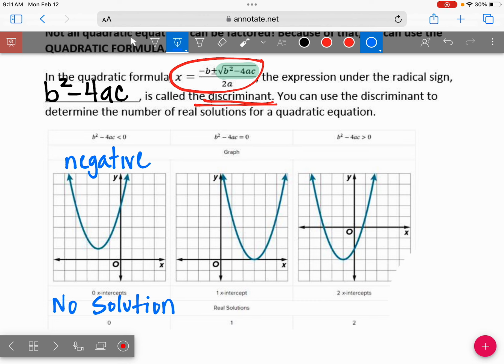How many times does that graph touch the x-axis? 1 time, so it has 1 solution. And your last one is that it could be positive. And if it's positive, looking at this parabola, how many times does this cross the x-axis? It crosses here and here. So today, our answers are only going to be 0, 1, or 2.